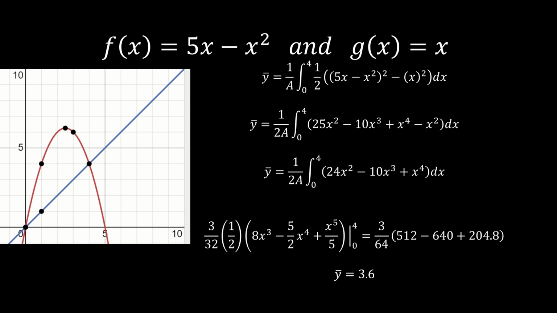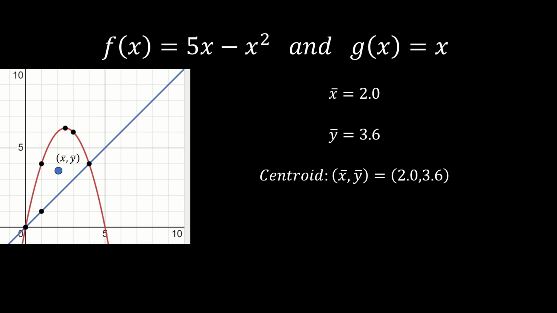That would be 3/64 times the quantity of 512 minus 640 plus 204.8, which, oddly enough, gives us the exact value of 3.6. Again, your units would be some unit of length cubed whenever we're solving for x bar or y bar. Now that we have the exact coordinates, we don't need to use an approximate sign.